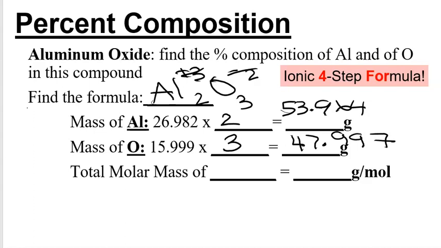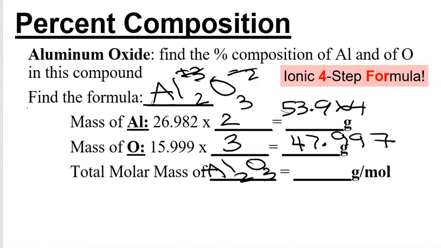So to get the total molar mass of the aluminum oxide, Al2O3, I just add these.